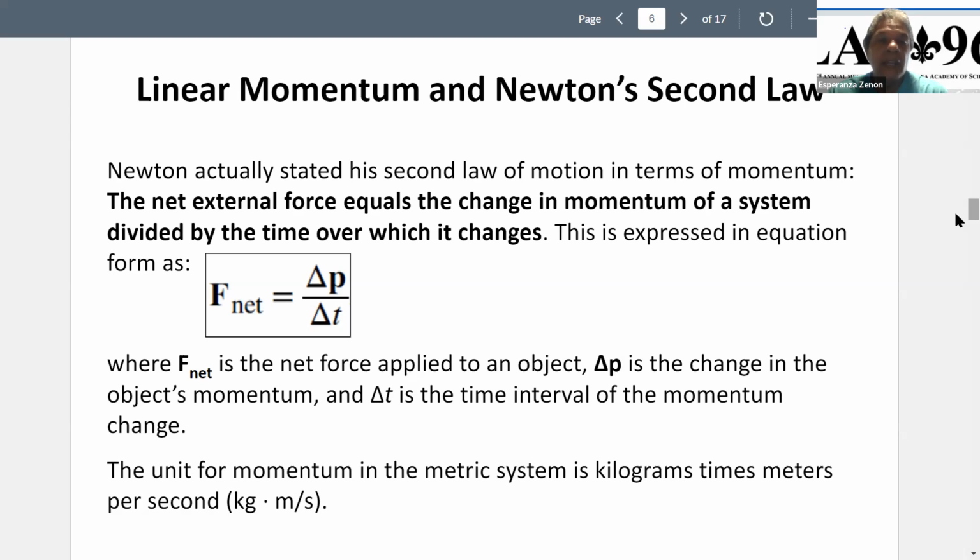We also know that net force is equal to mass times acceleration. That's Newton's second law: F net equals m times a. But now we see that it's also equal to delta p over delta t. So we can write Newton's second law more than one way. We can write it in terms of acceleration, m times a, or in terms of the change in momentum, delta p over delta t.